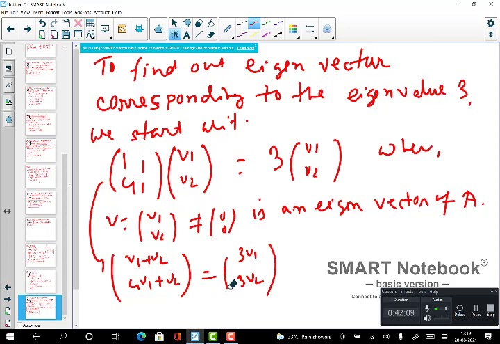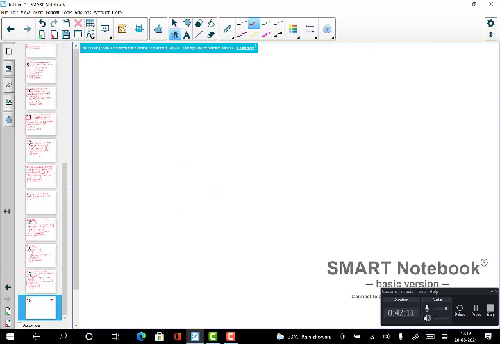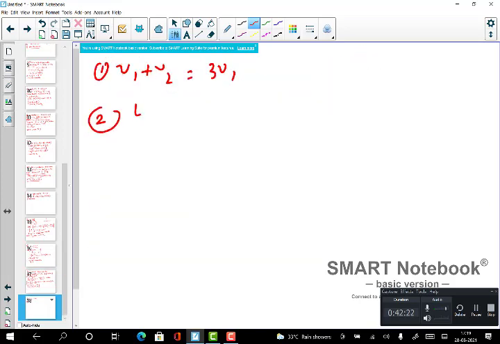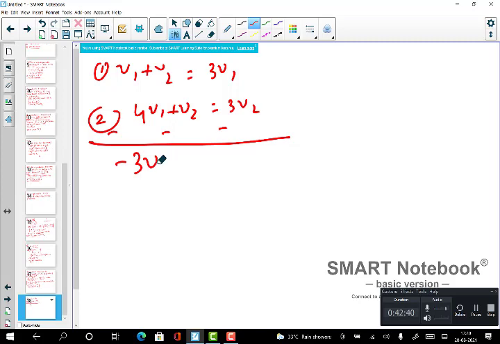So equation number 1 is V1 plus V2 equal to 3V1, and equation number 2 is 4V1 plus V2 equal to 3V2. Now if we subtract directly, we have minus 3V1 equal to 3 times (V1 minus V2).